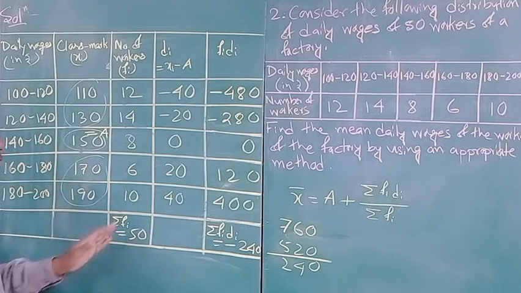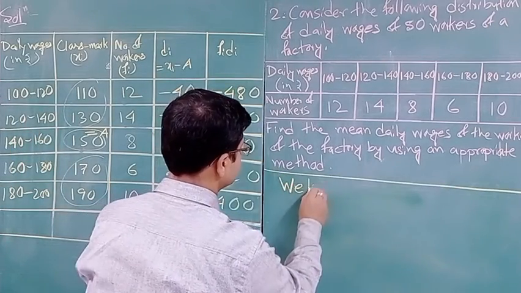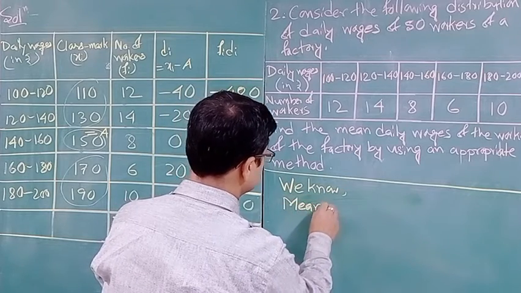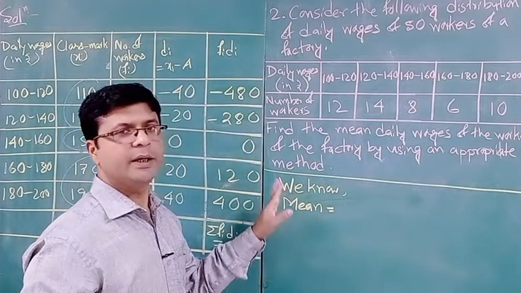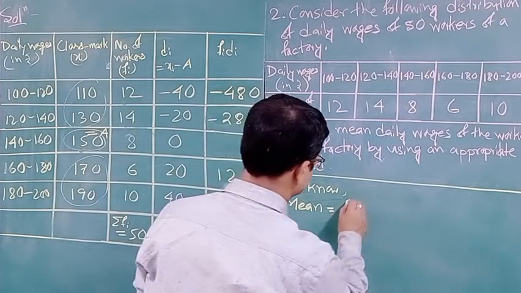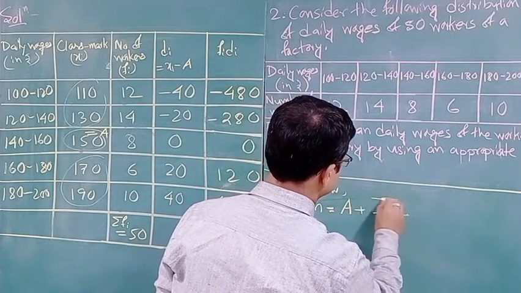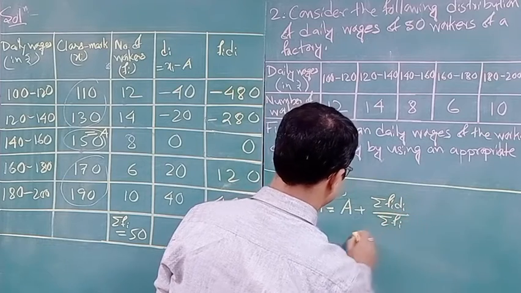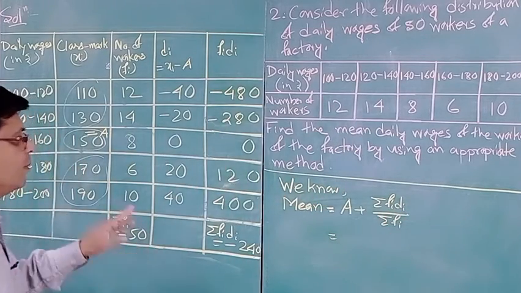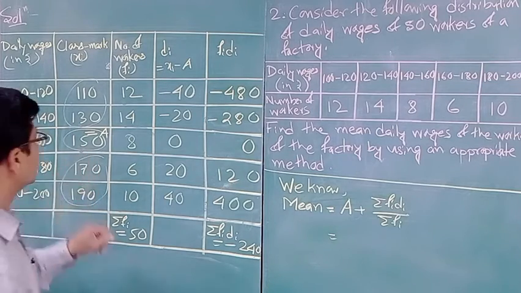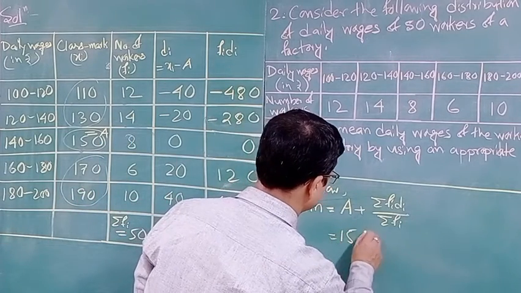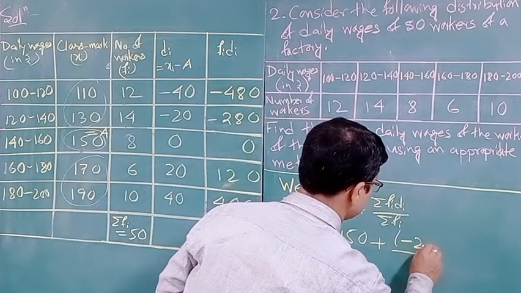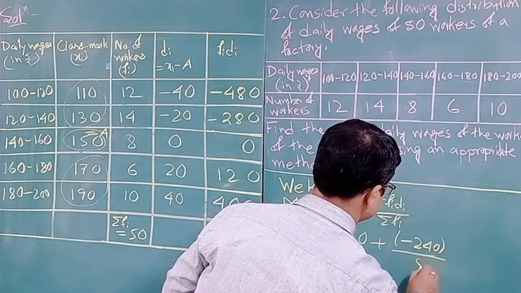Okay, now let us find the mean. We are finding the mean by the assumed mean method. So mean equals A plus summation of fi di divided by summation of fi. A is here 150, we have to write. This is minus 240, and this is 50, given.